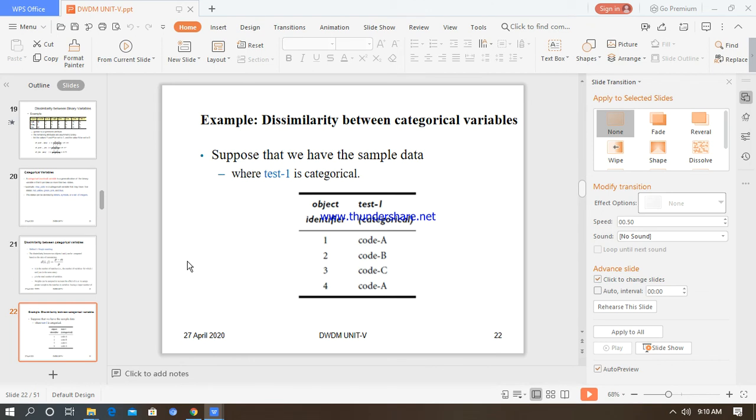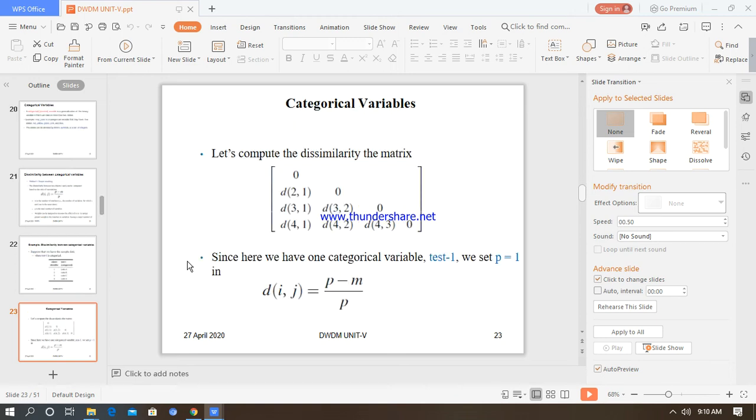Now substitute these values for distance of 2,1.